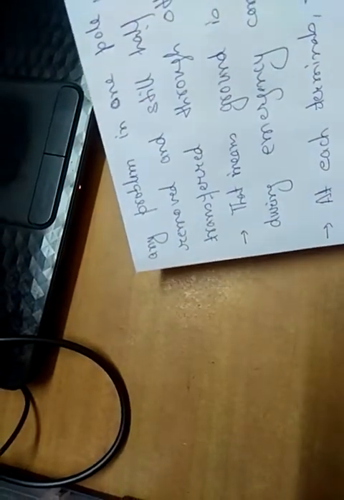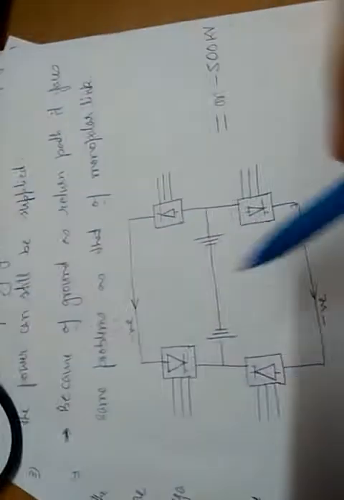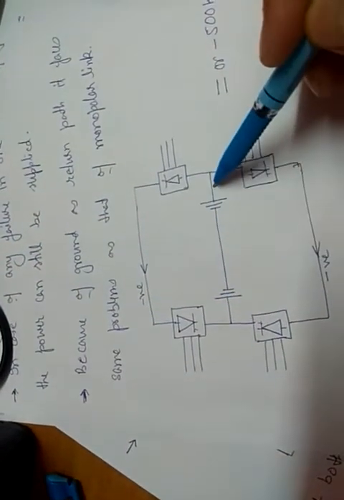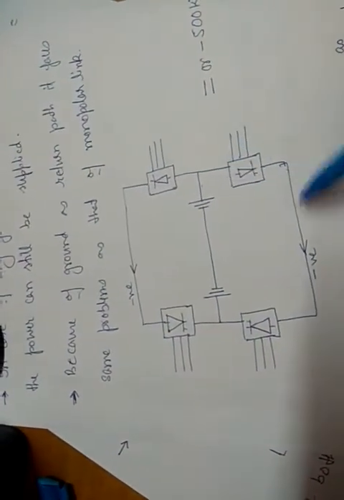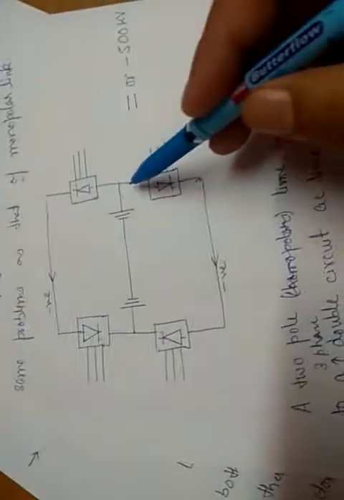Just a minute. Yeah, let me show you the diagram of this. Okay, yes. So this is a diagram for a homopolar, means power is flowing from this end to this end and returning to ground, and here the power is flowing from this end to this end and returning to ground.